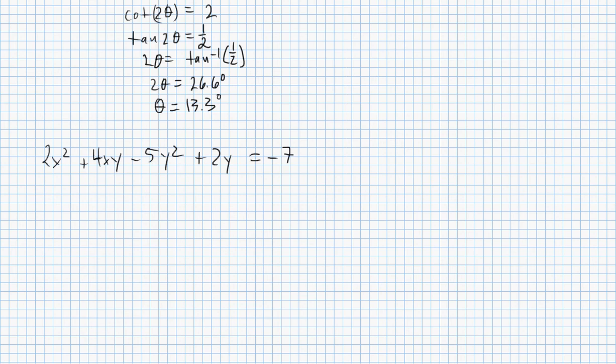Okay, here is our rotation formula. There's the a, there's the b, and there's the c. So cotangent of 2 theta is going to be equal to 2 minus negative 5 over 4. Looks like that's going to be 7 over 4.